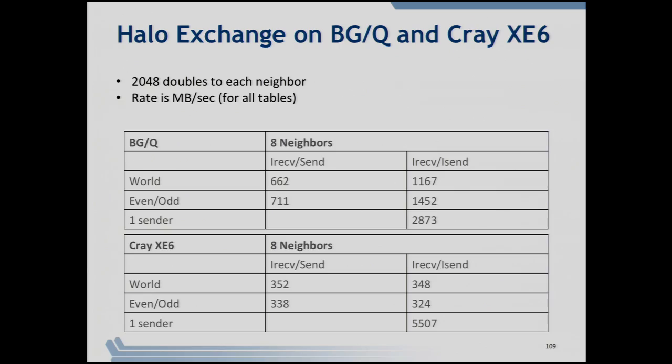So here are some examples trying to understand how well you might be able to do a halo exchange. And one of the things to get out of this is I did these because doing a ping pong test, so ping pong, 2 processes send data back and forth, and you measure the time, and you get a communication rate, maybe you get a latency.